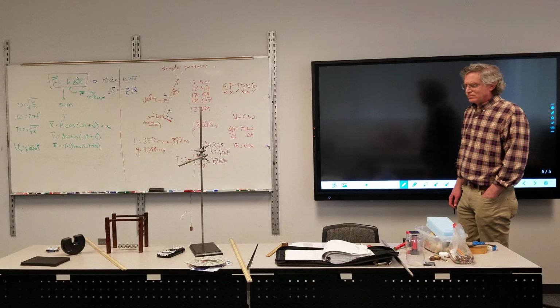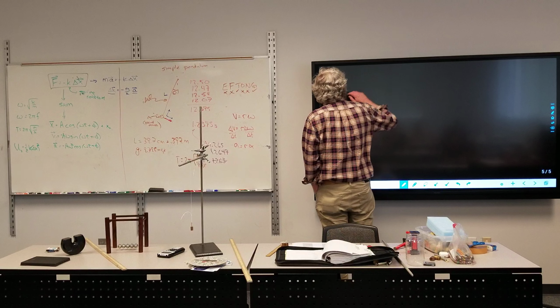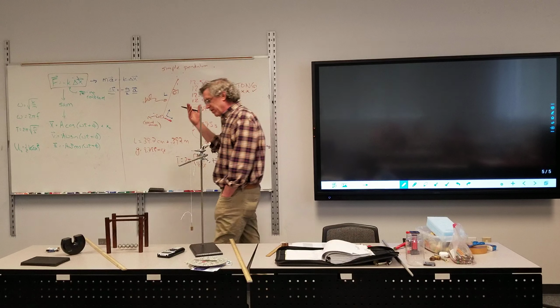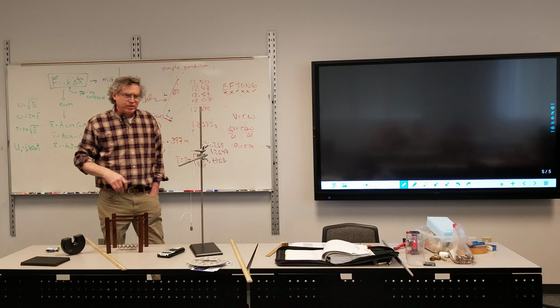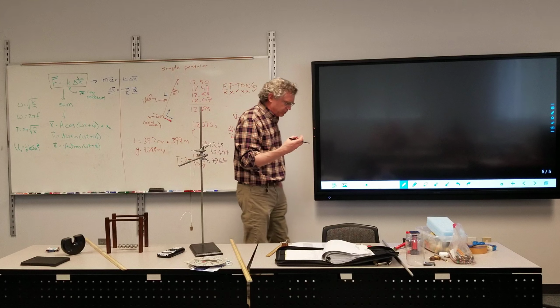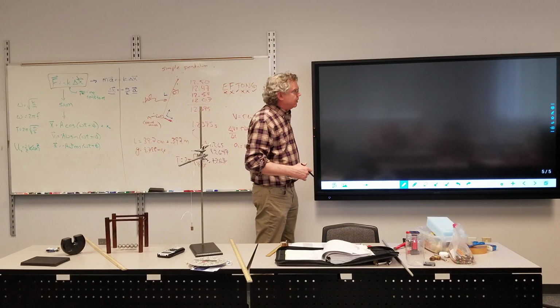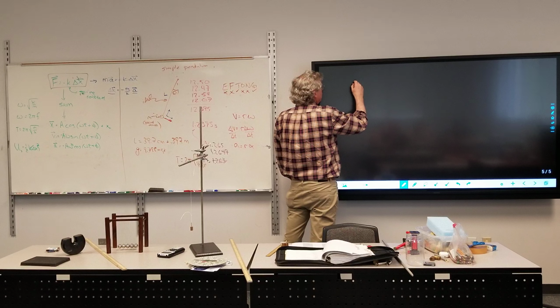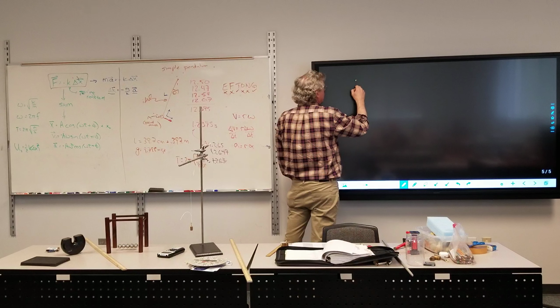So now, let's talk about waves. We've been doing some of the math behind it. Let's get into a little bit more of the vocabulary. We've talked about frequency, amplitude, period, wavelength. Let's get into the actual propagation of waves.